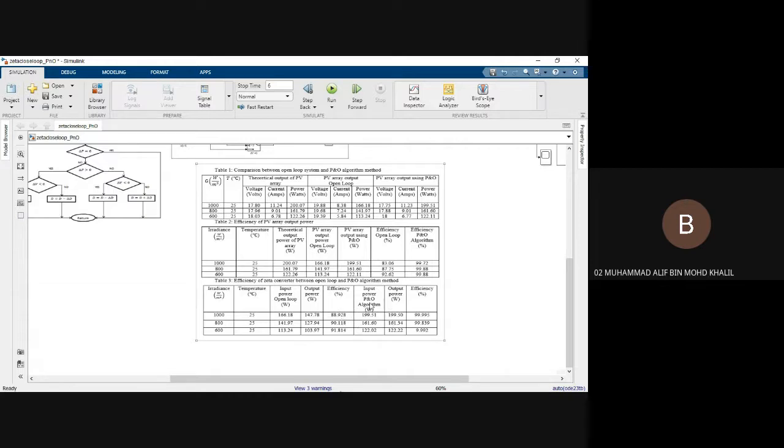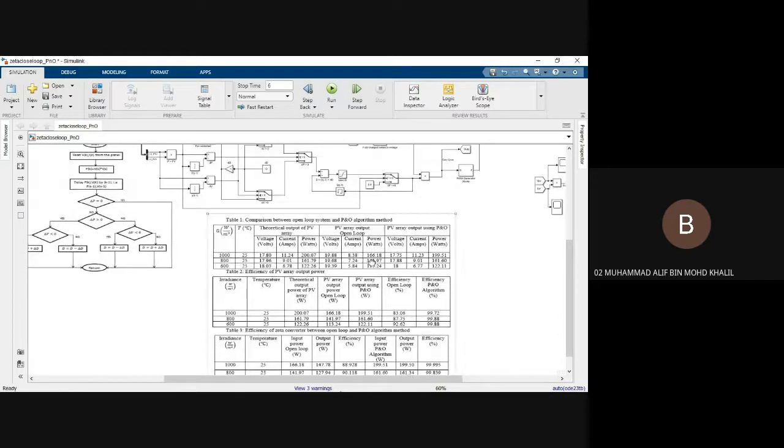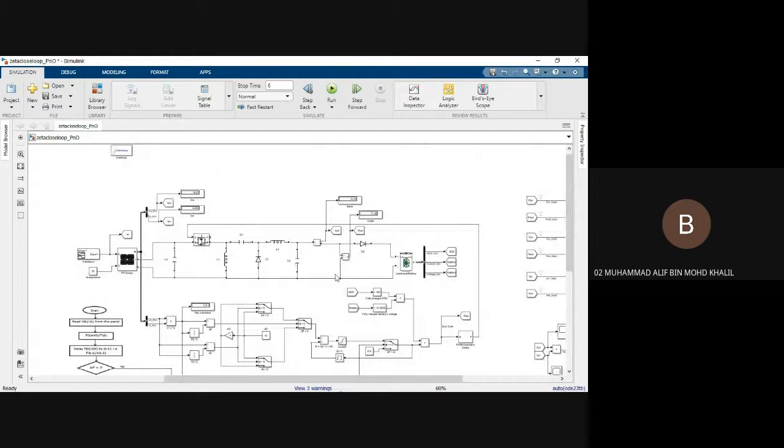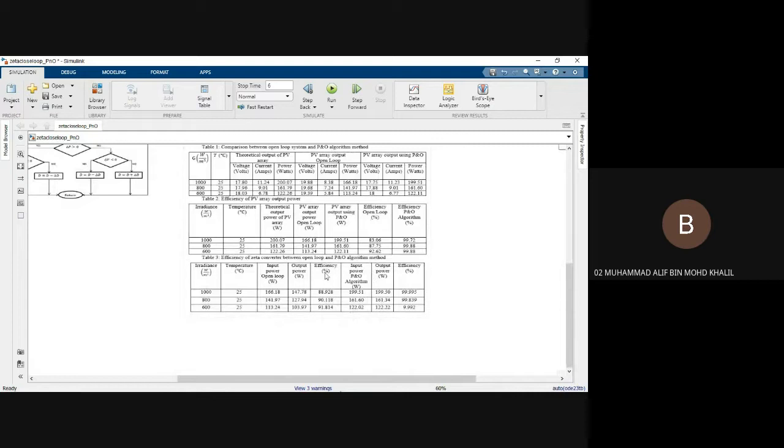But with the PNO algorithm, the input power, which is 199.51, gives almost the same output power, 199.5. So the efficiency reaches 99.995%. The input power is the power from the PV, while the output power I take from the power at the load or the battery.